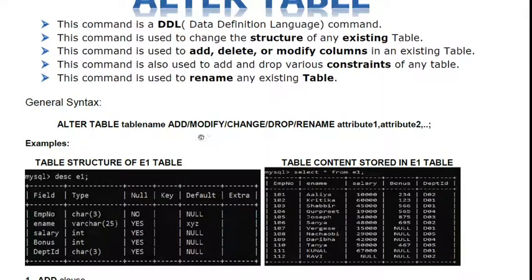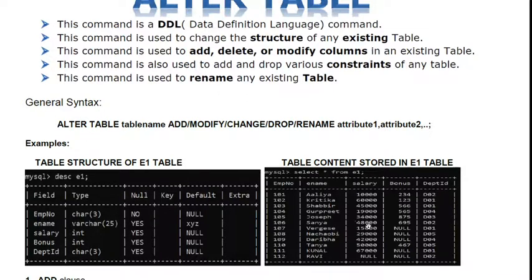But before the explanation, you need to understand what is the structure of the table and what is the content of the table, meaning container or content. This is the container, the structure: column name, data type, size. And this is the actual content stored in the table.